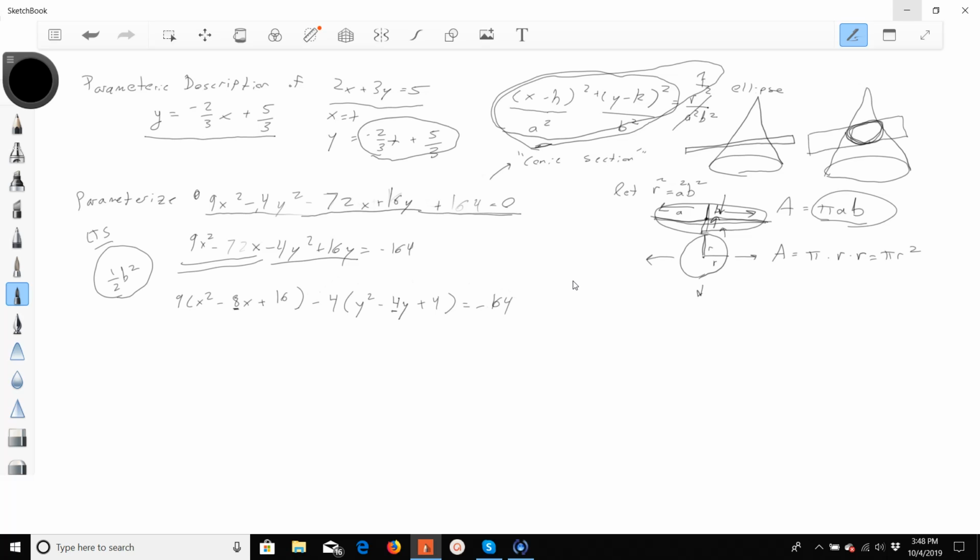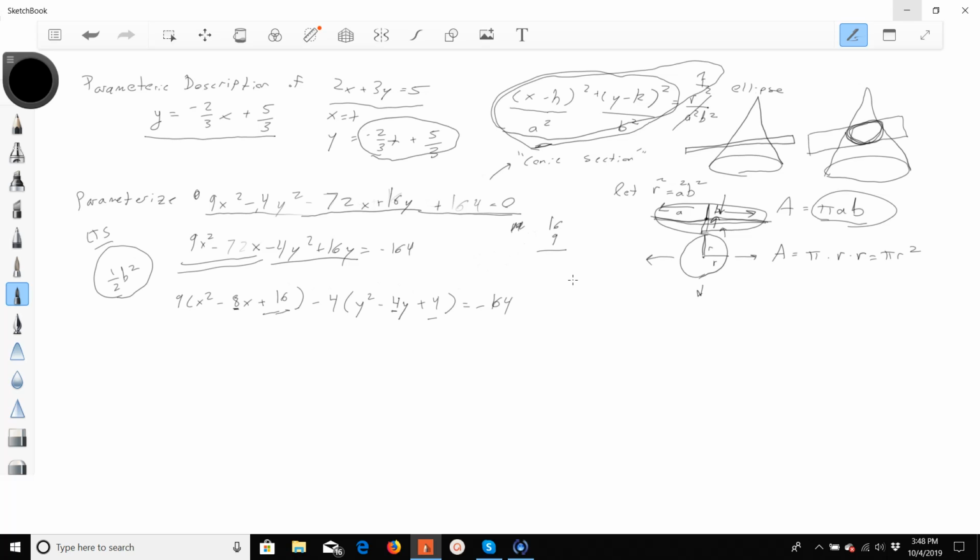But now, since I added these, I have to do the same on the right side, right? If I add something to one side, I have to do the same thing to the other side. So now realize here, we didn't actually just add 16. We added 16. Oops, I wrote a 19. We added 16 times 9, because there's a 9 out front. We're multiplying this 16 by a 9 and then adding that if we were to FOIL this all out.